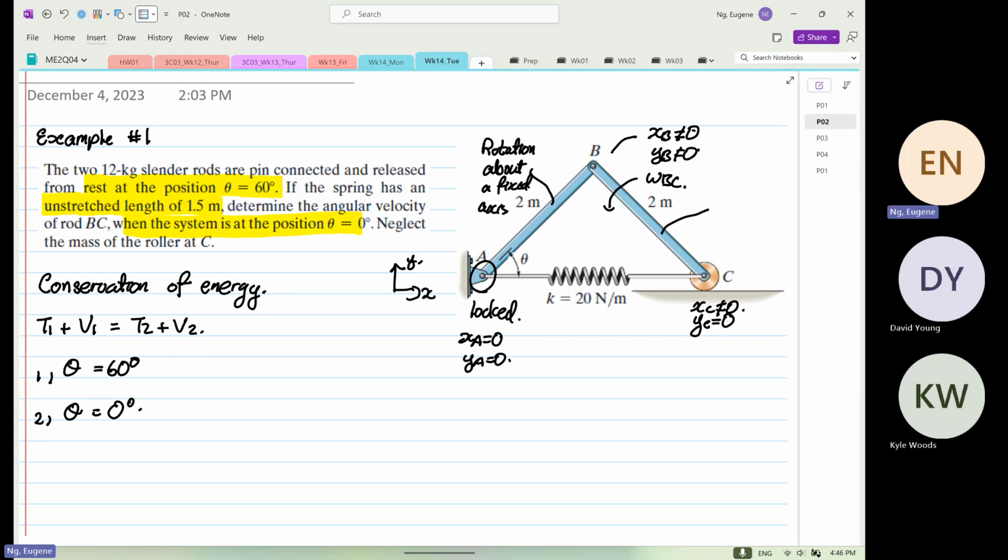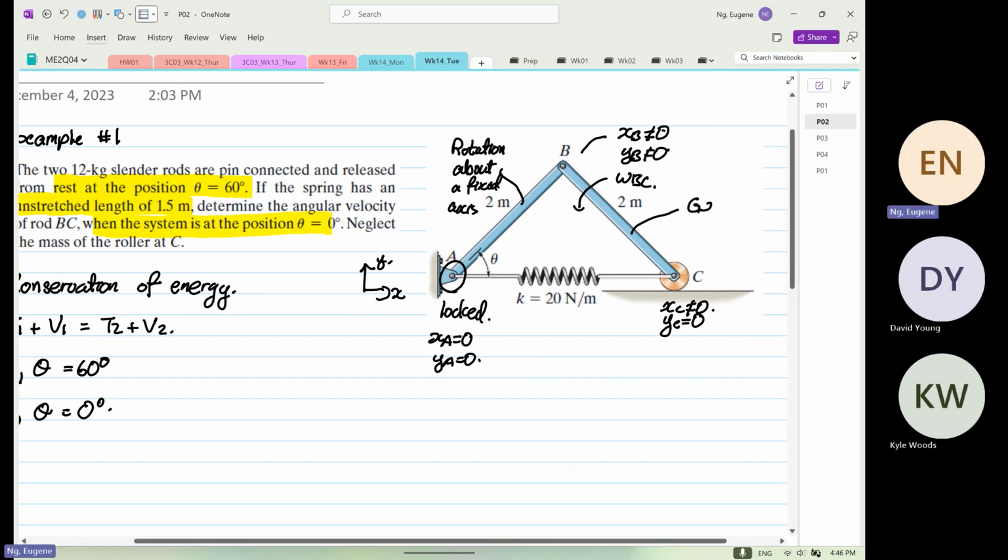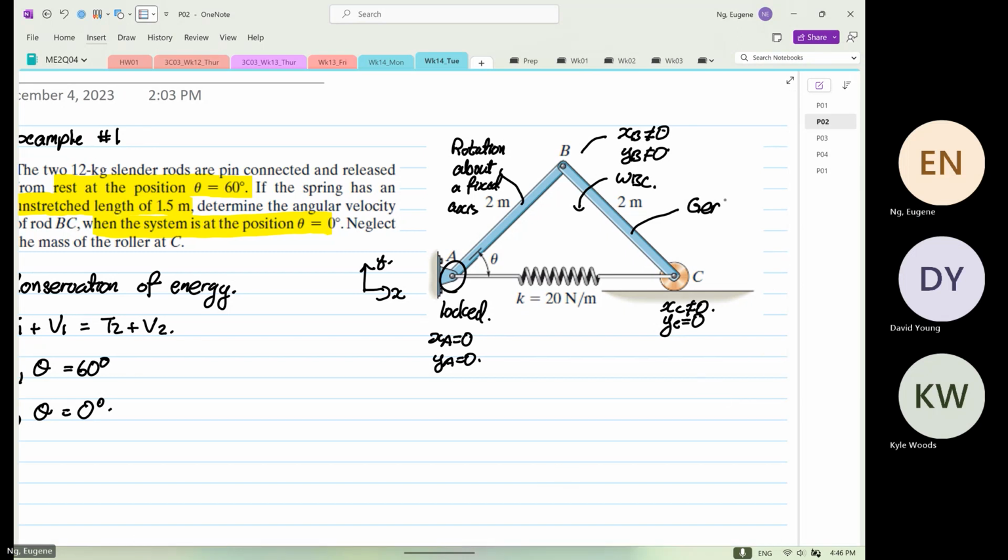So this is like a general motion, i.e., it has both a rotation and linear motion. The member BC is not about a fixed axis. Repeat again, it's not about a fixed axis.